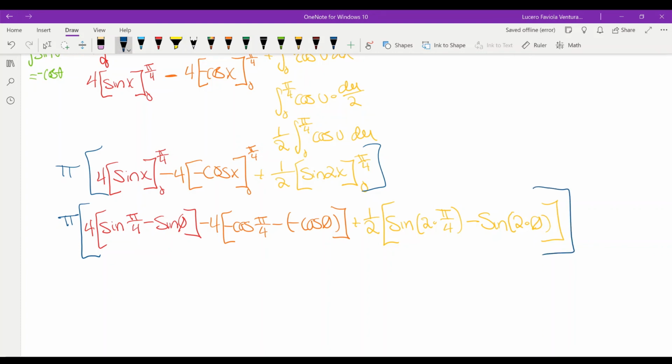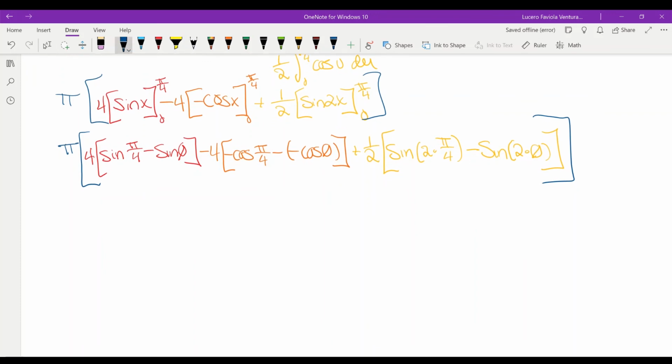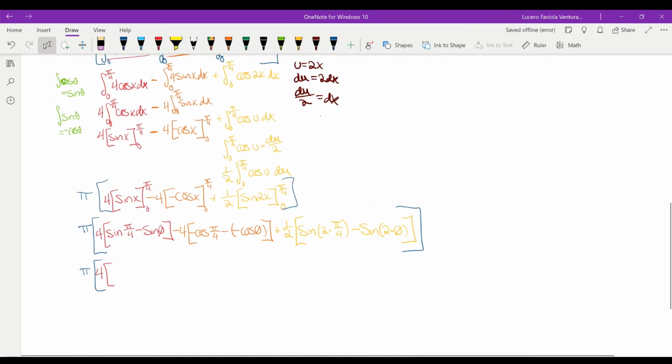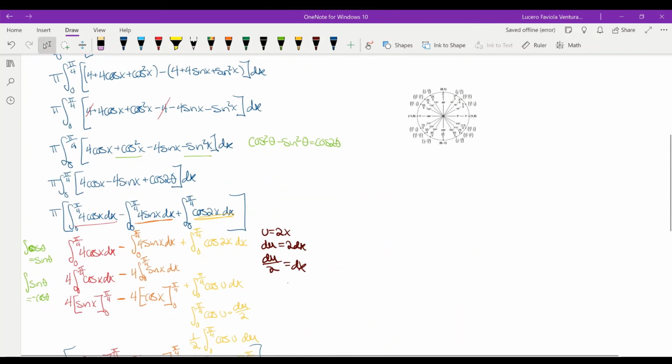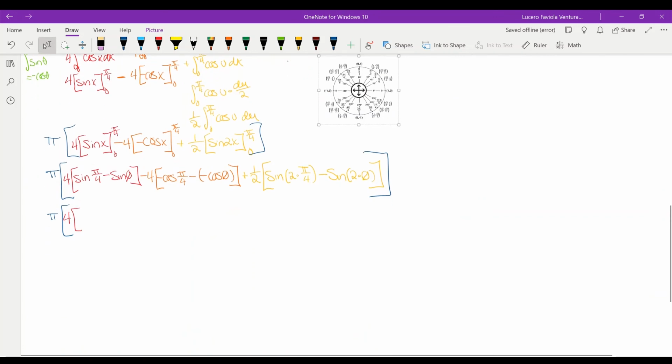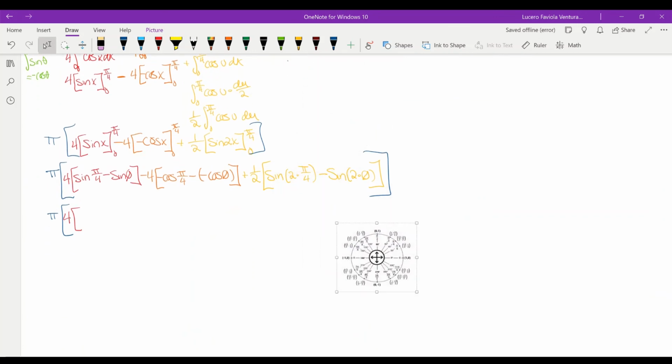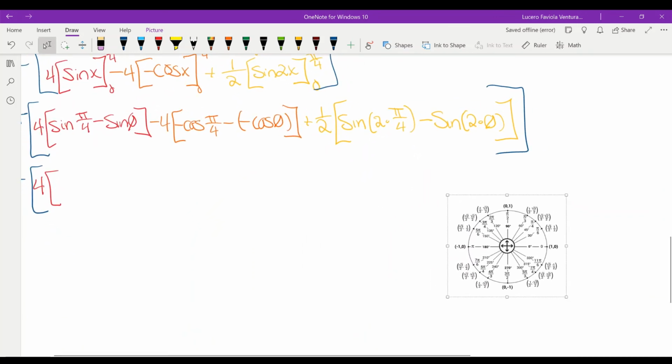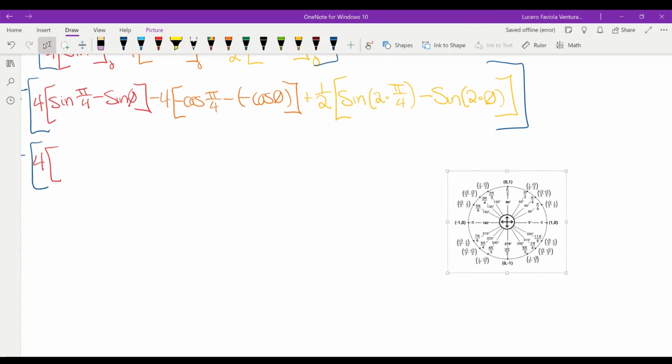And now that we have this, we can use our unit circle to help us plug in the numbers. Then we rewrite it once again. So 4 times, and then sine of pi over 4. If we bring our unit circle down, we can see that sine of pi over 4 is equal to the square root of 2 over 2. So we'll plug that in.